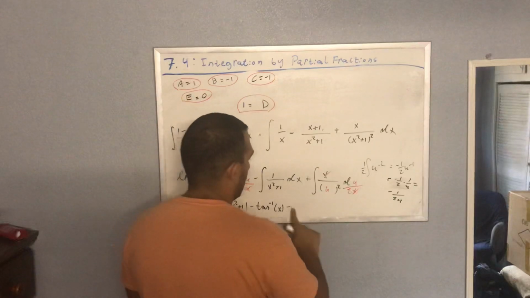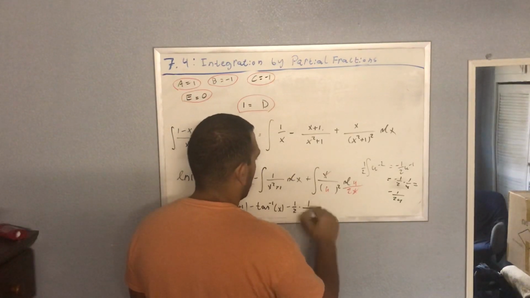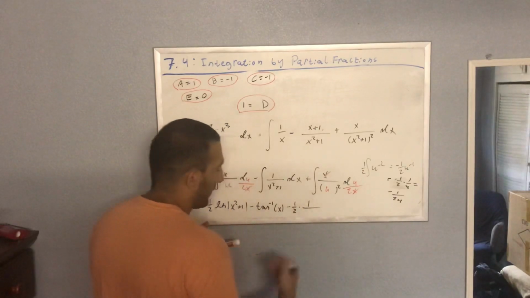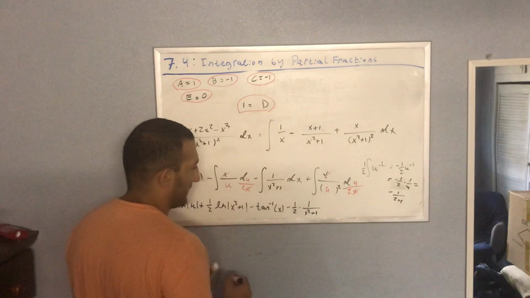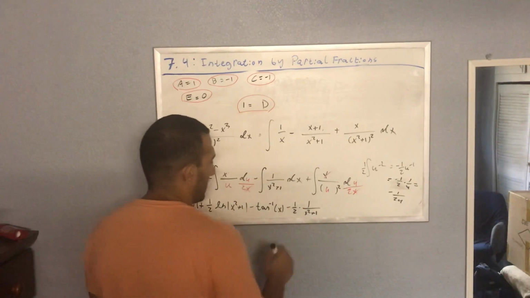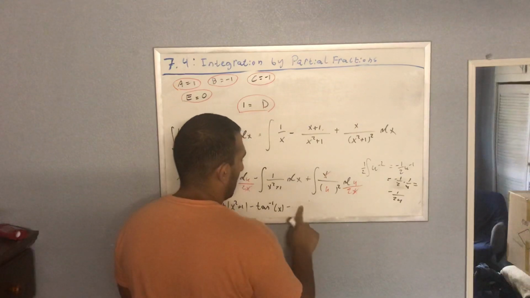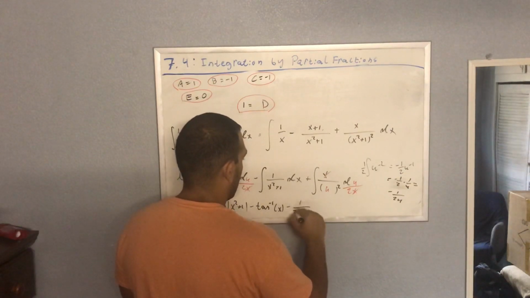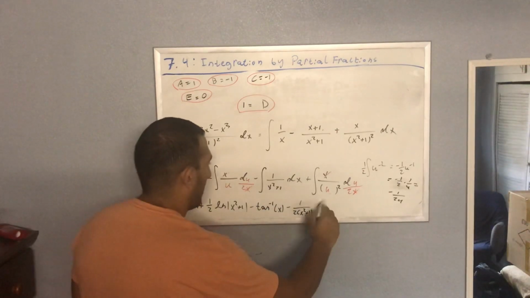So this is negative 1/2 times 1 over u, but what was u? x squared plus 1. So this combines to just that. Then plus c.